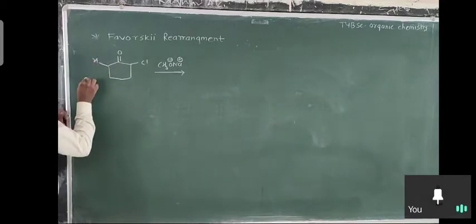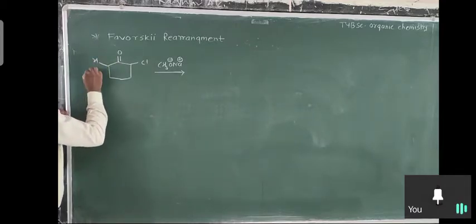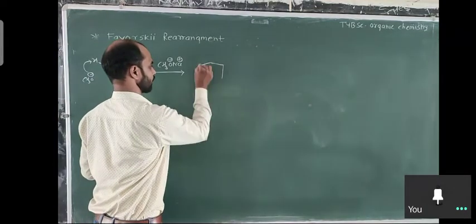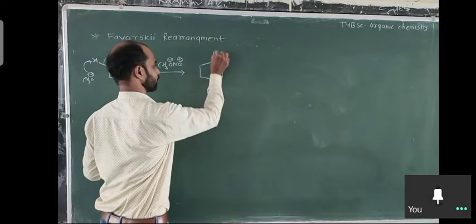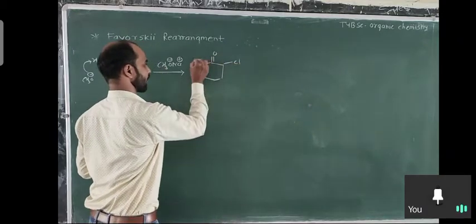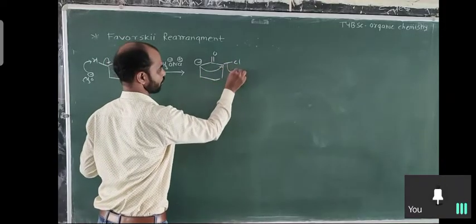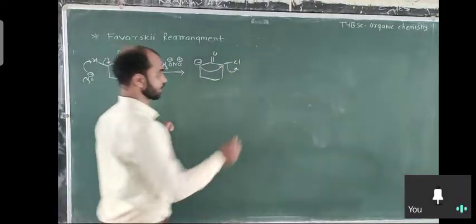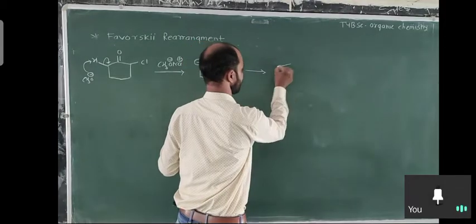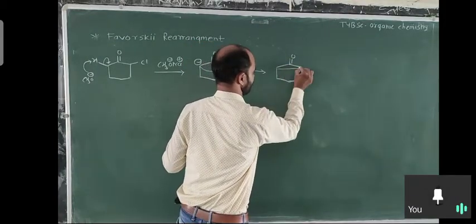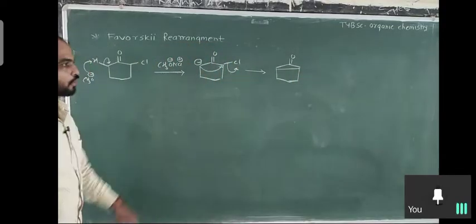The CH3O minus, the alkoxide, the methoxide, abstracts the proton, formation of carbanion, the carbanion will attack on another alpha position and loss of Cl minus. When Cl minus is lost, there is a formation of cyclopropanone ring.